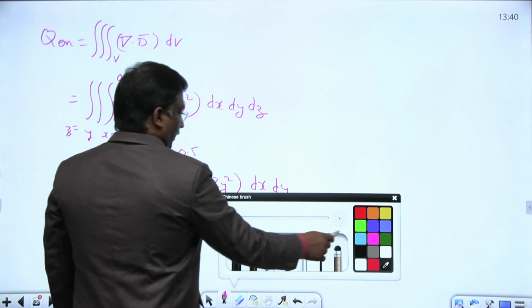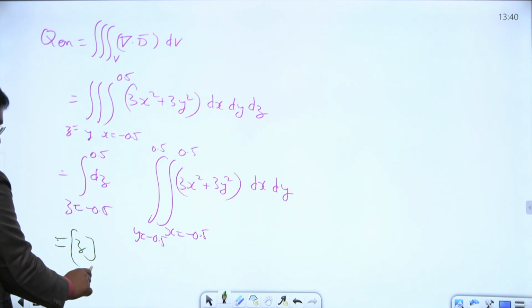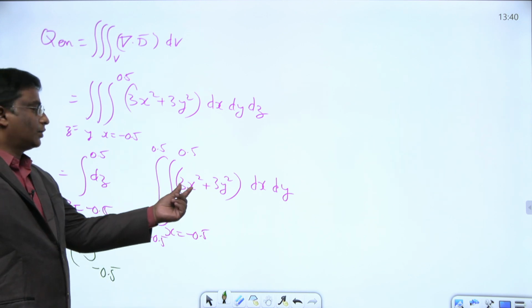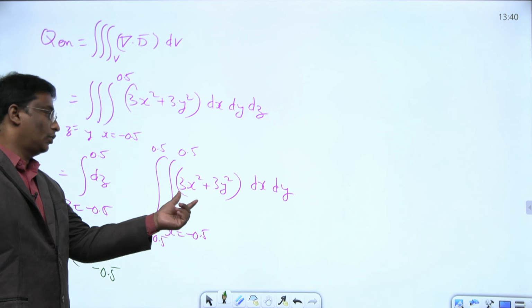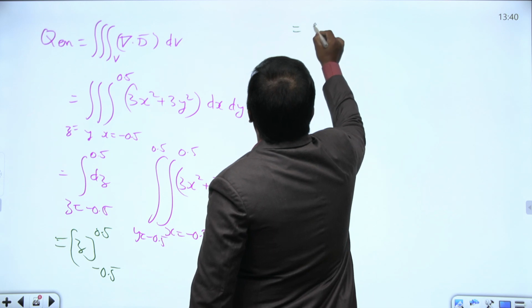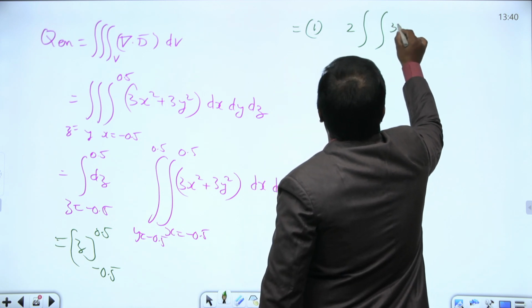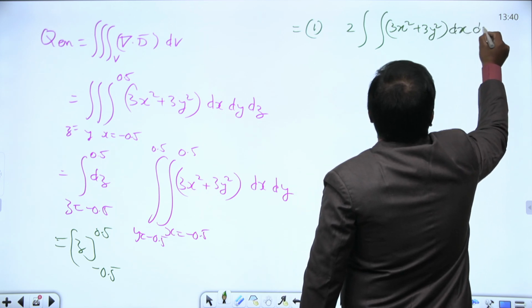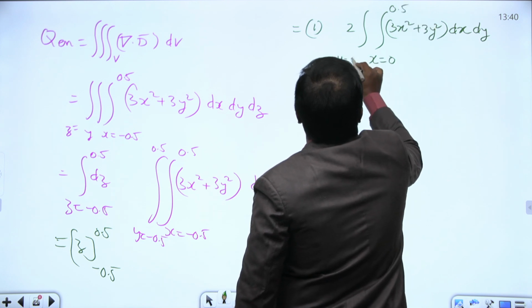Substitute the z values between minus 0.5 and 0.5, and this value becomes 1. 3x square is an even function, and 3y square is an even function, so you can make it twice the integral from 0 to 0.5. So it is 2 into the double integration of 3x square plus 3y square dx dy, with x varying from 0 to 0.5 and y varying from 0 to 0.5.